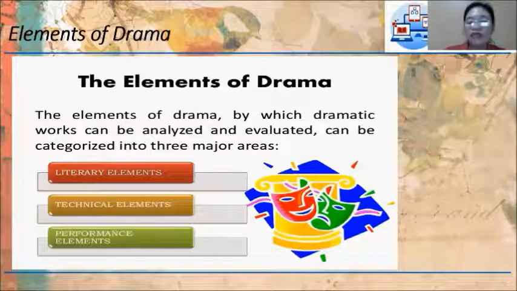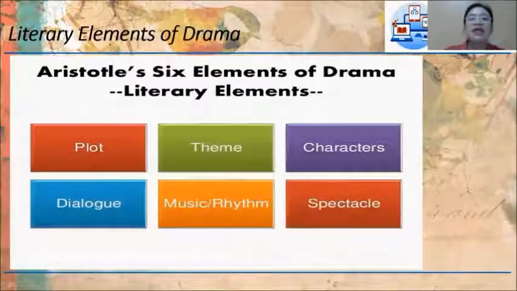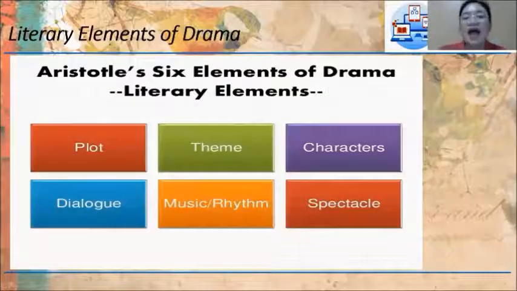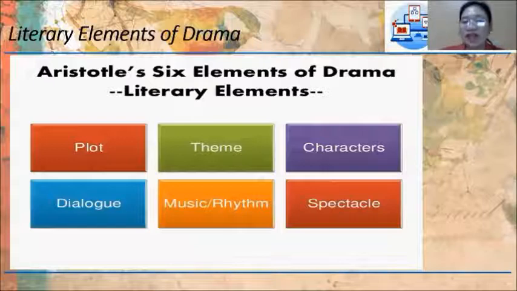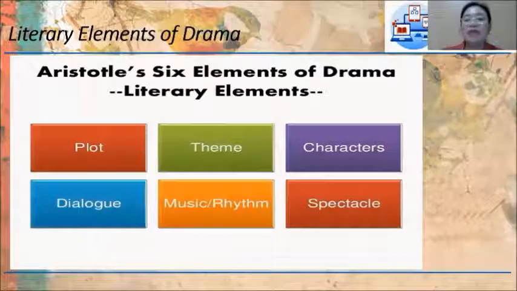Okay, so we have literary elements. Now, Aristotle has these six elements of drama in terms of these literary elements. Number one, we have plot, and then we have also theme, and then number three, we have characters. Then number four, we have dialogue, then music or rhythm, and then we have spectacles.